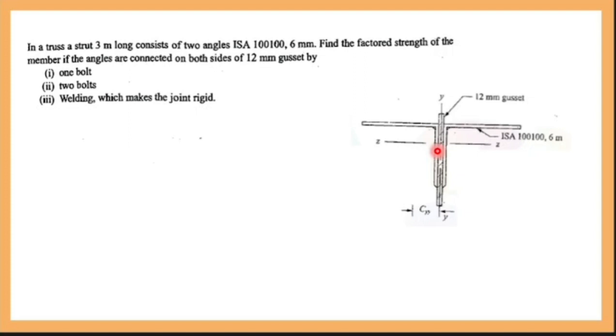If two bolts are added here, 1, 2, what will be the capacity then? Third condition: if all the three members are welded, you are not bolting, you are just welding. If weld is provided, what will be your capacity?